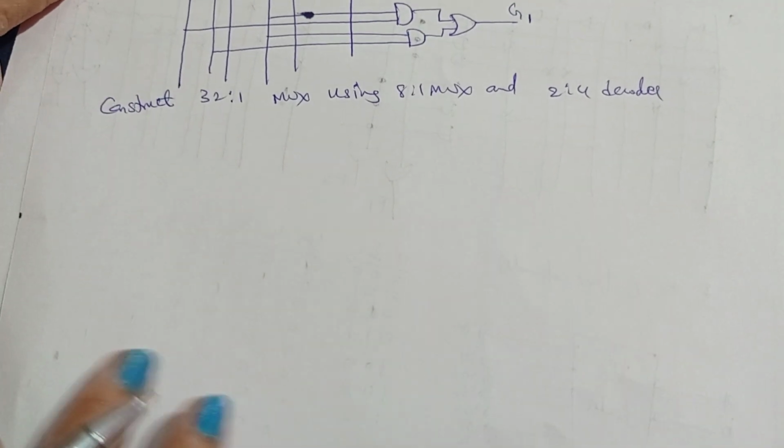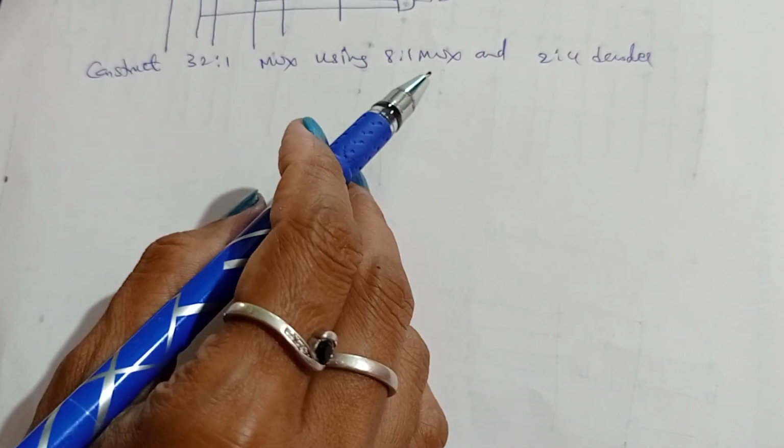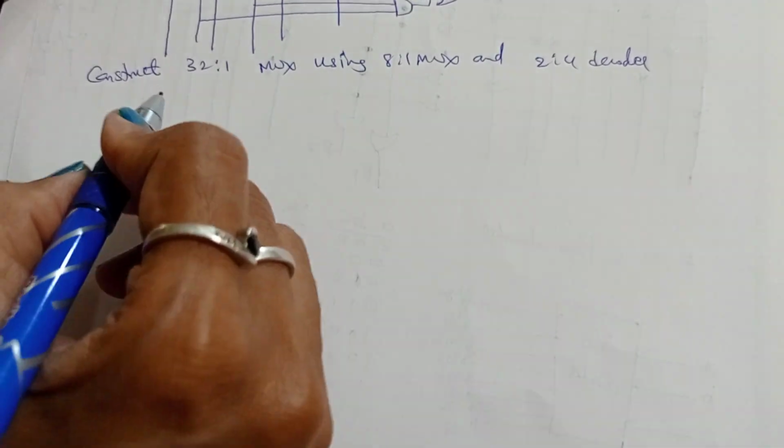Construct 32:1 mux using 8:1 mux and 2:4 decoder.